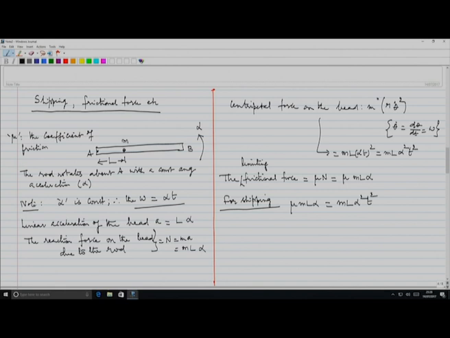From this we get the time t: M and M get cancelled, L and L get cancelled, one alpha gets cancelled, I will have mu by alpha, and I need to take the square root of that.